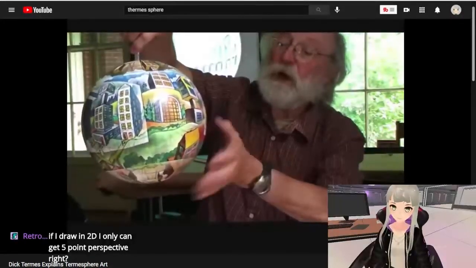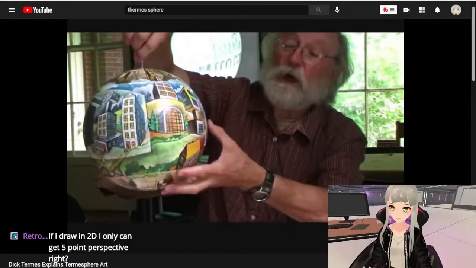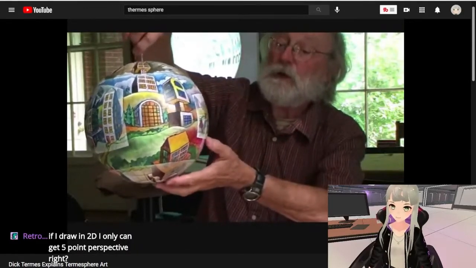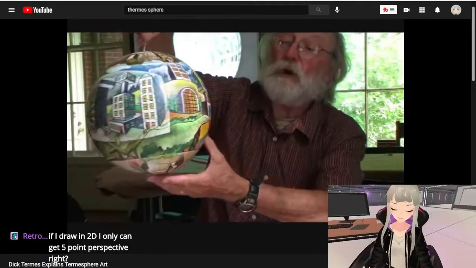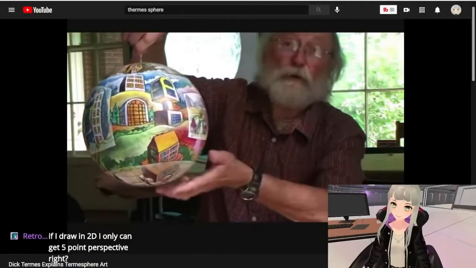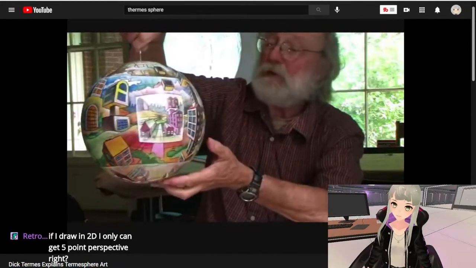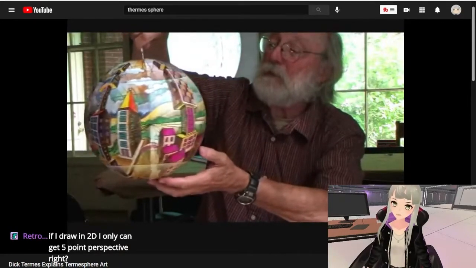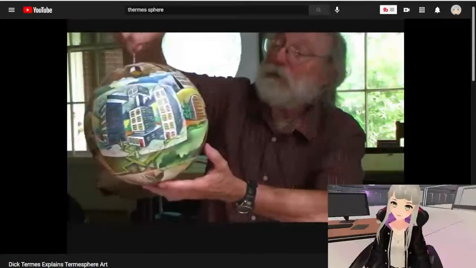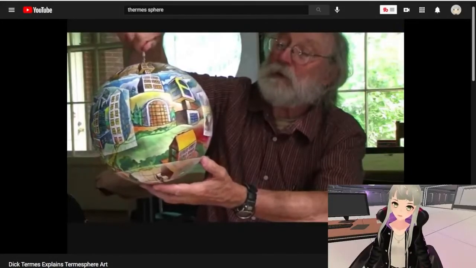Think about it as if I'm in the ball, looking out north, east, south, west, up and down, capturing a scene that's all around me. And then when I'm all done painting it, I move to the outside to look at it. So this shows a complete city around you, but it's also designed to show how perspective works.